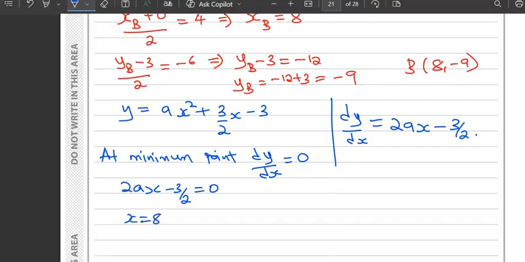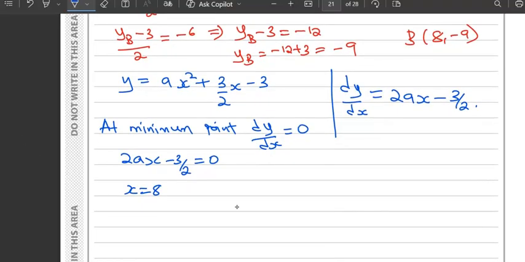So what do we need to do? We can substitute back: 2a into 8 minus 3 over 2 equals 0.